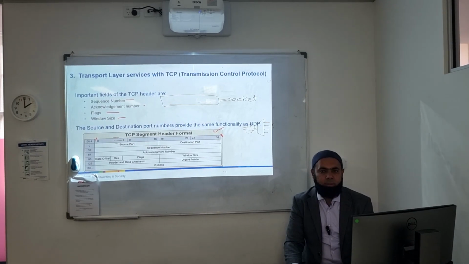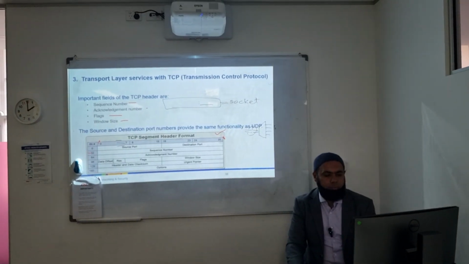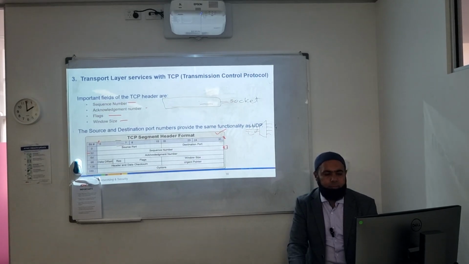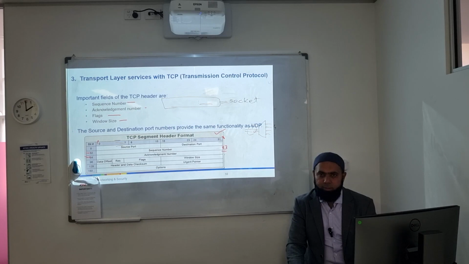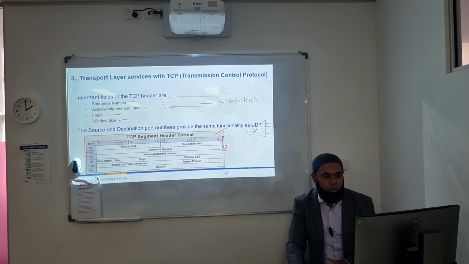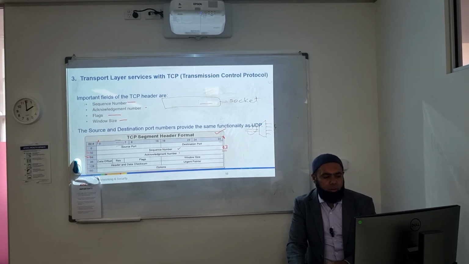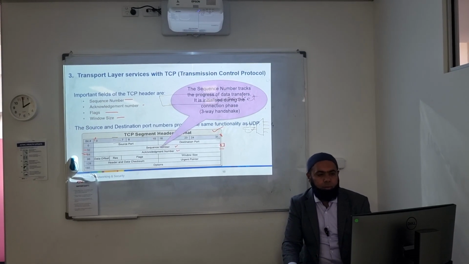So how many total bits? 32. Then starting from 32, going up till 63. Then 64, going the same way, and it keeps moving on. So the overall sequence number is there, acknowledgement number is there, different information is there.